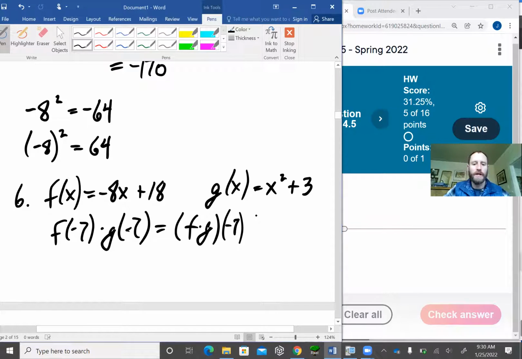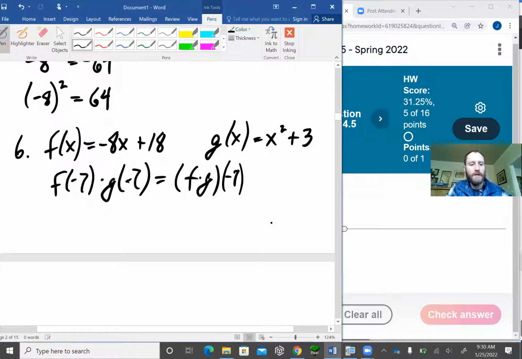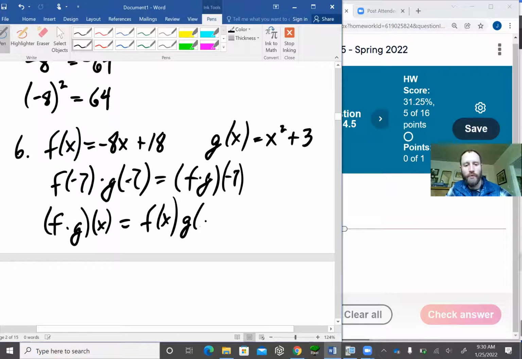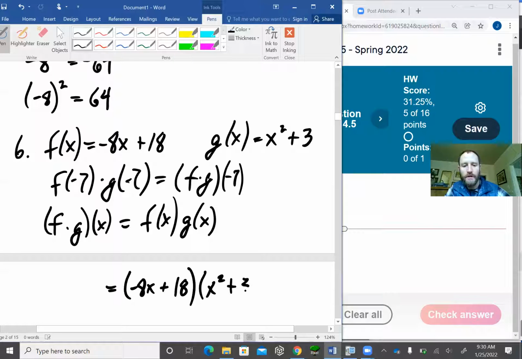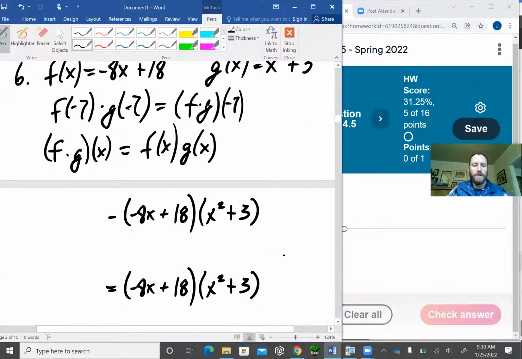Okay, so now we're going to find f times g of x, which is going to be f of x times g of x. So I'm just going to FOIL those two together. So it's negative 8x plus 18, that's the formula for f of x, times x squared plus 3, the formula for g of x.